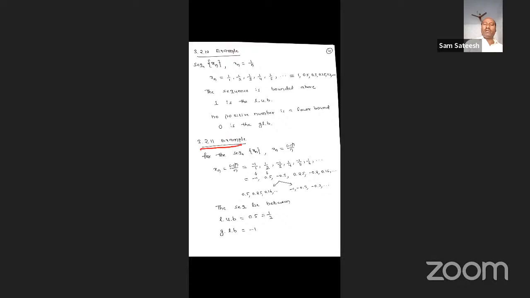For the sequence xn is equal to how much? -1 whole power n by n.